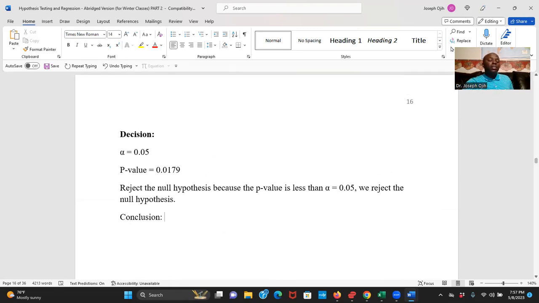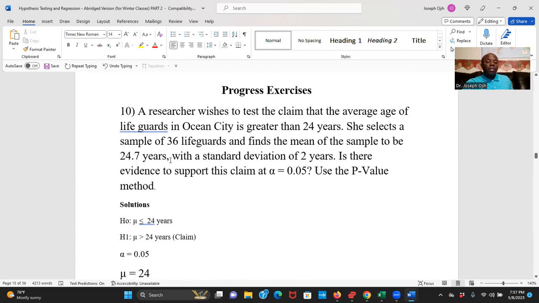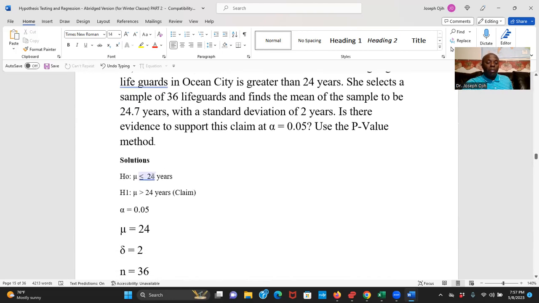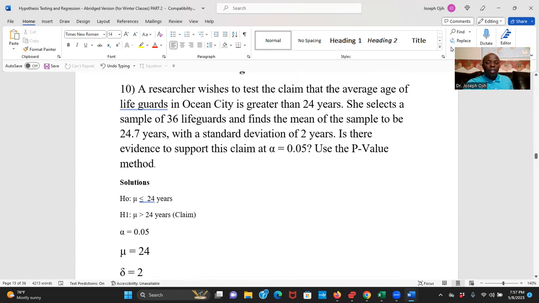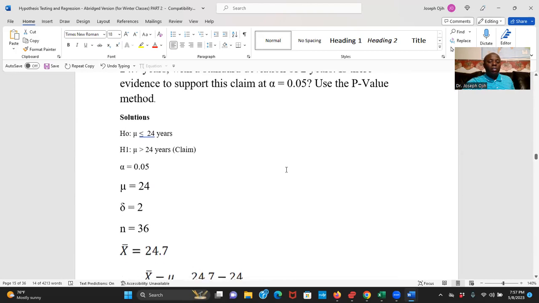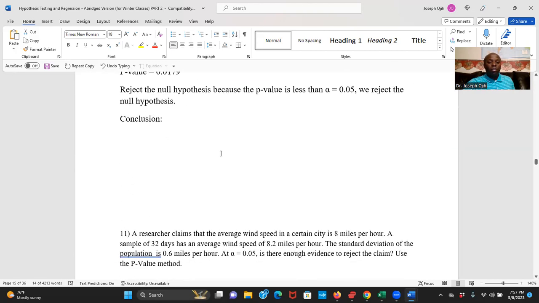Again, since we are rejecting the null hypothesis, that means the claim is correct. So the claim that the average age of lifeguards in ocean cities is greater than 24 years is correct.